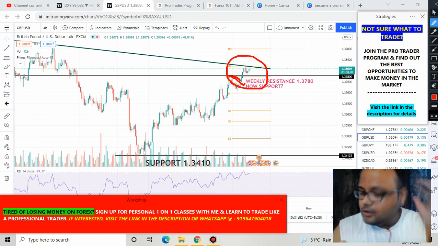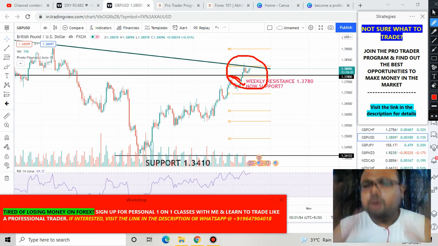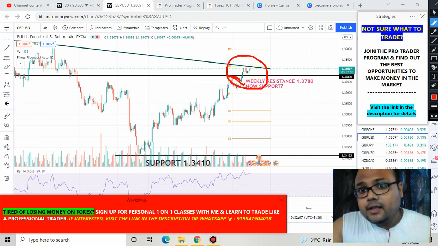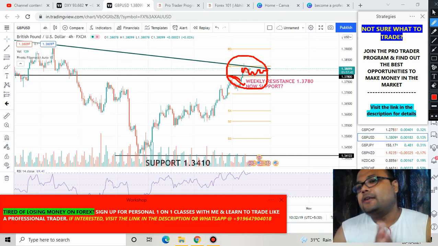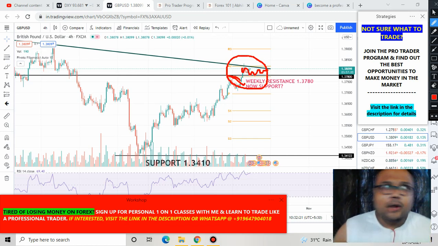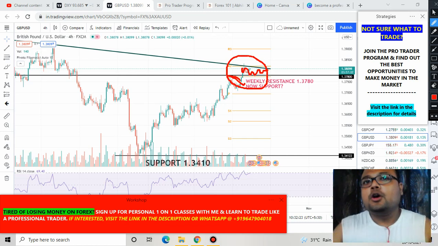In my opinion, if you are a beginner, if you are new to trading, or if you are someone who cannot afford to lose any money right now, then my dear friend, please listen to me. This chart is not for you right now. Please avoid GBP USD as long as the market is trading between these critical zones here, because we all love to make money, we do not want to lose money, but sometimes a bad trade can wipe out everything, because most of us do not know risk management.